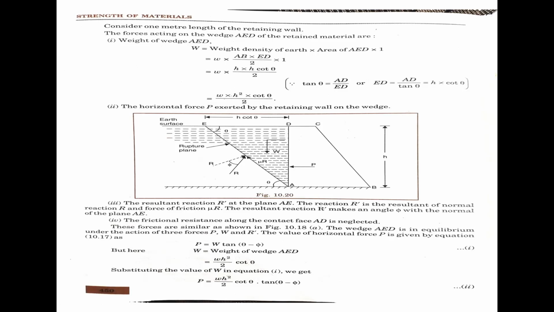The weight of wedge AED, W, is equal to the weight density of earth times the area of AED per meter length: W into AB into ED by 2 into 1. Now AB, see the diagram, is small h, and ED is h cot theta.